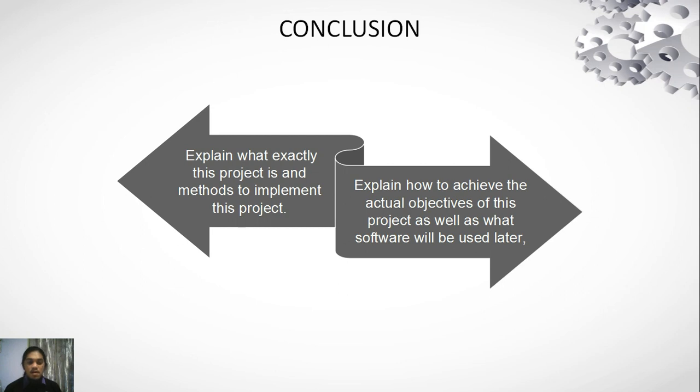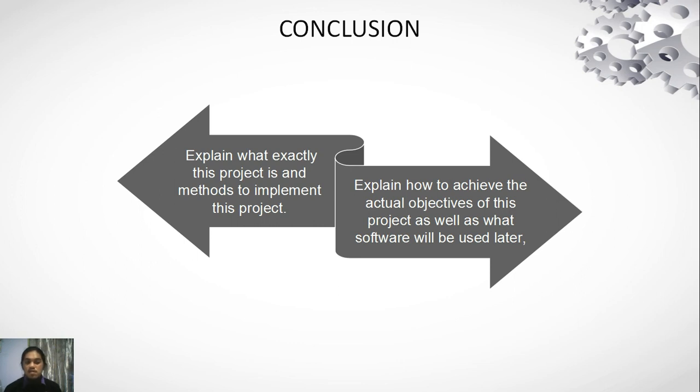However, this paper can explain how this project will be produced as well as what method will be used in this analysis. In addition, this paper will also explain how to achieve the actual objective of this project as well as what software will be used later to obtain the result and the data needed to succeed in this project later.